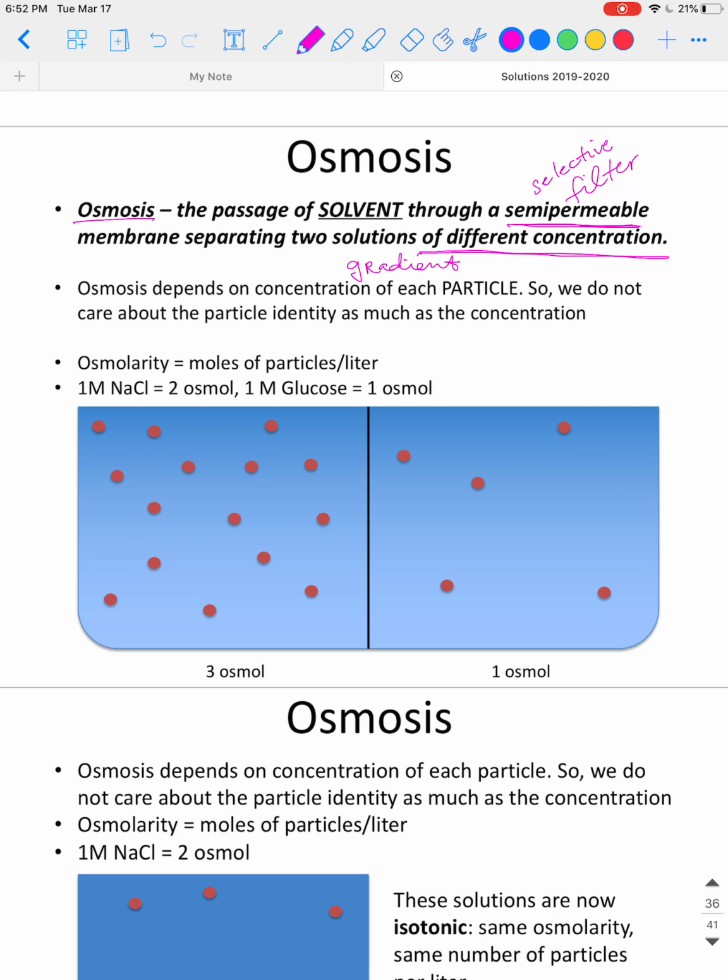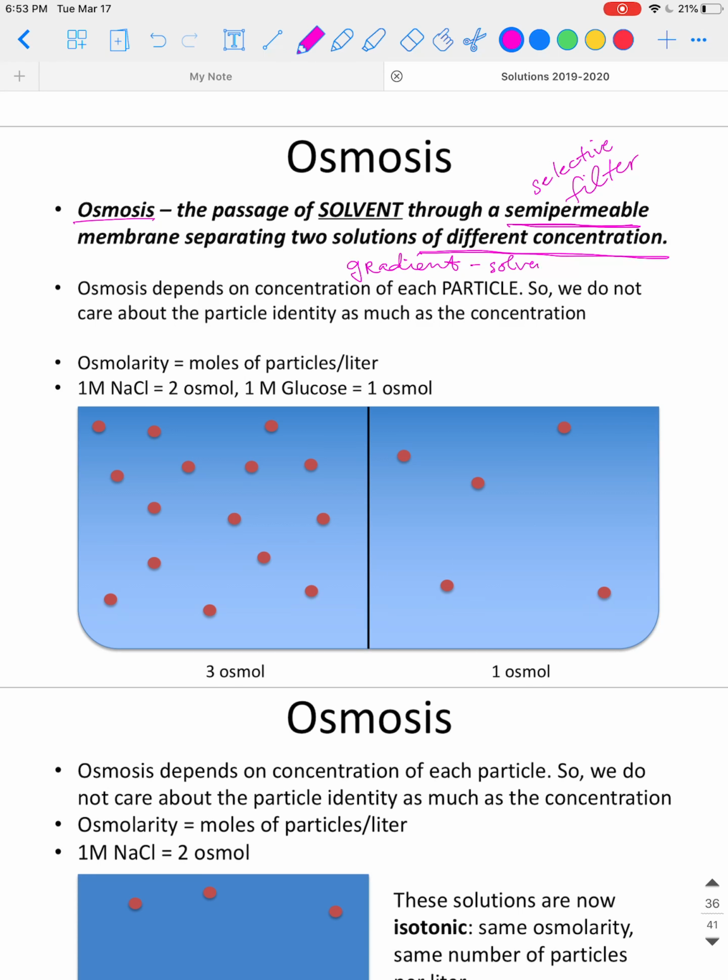A gradient is where particles are going to want to move from one side to the other to make things even. If we have different concentrations on each side of the membrane, the solvent is going to be forced to move because there's a gradient.